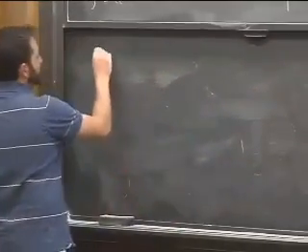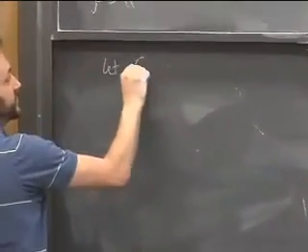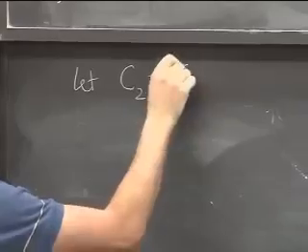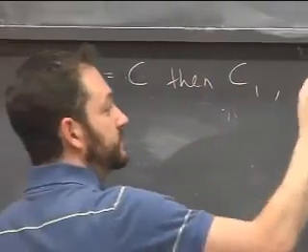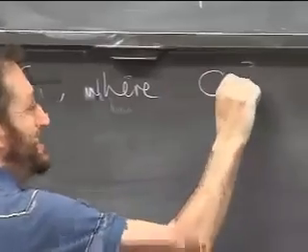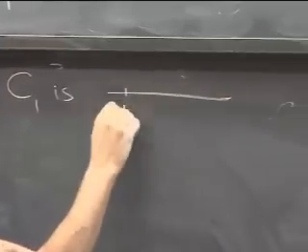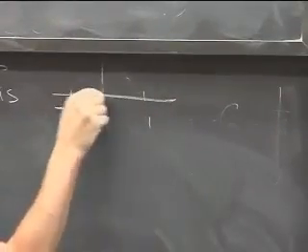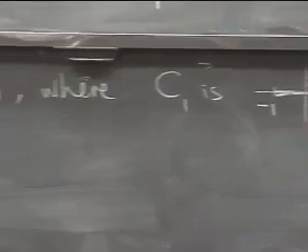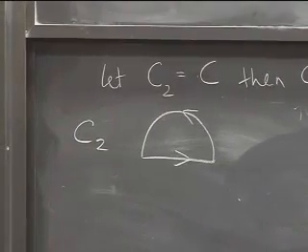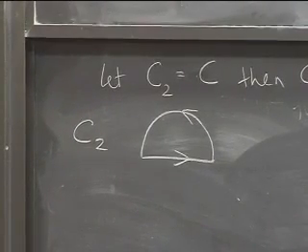Let's let C1 be this, minus 1 to 1, going that way. And we'll call C2 the curve C, then C1. So C2 is actually this closed curve here.